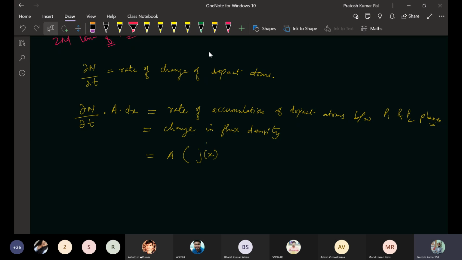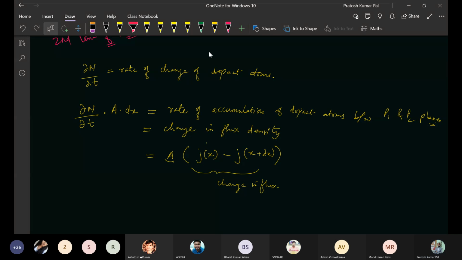This change in flux is, suppose at distance x the flux was Jx, minus the flux at x plus delta x distance. This change in flux multiplied by the area gives the flux density, basically what flux is available.